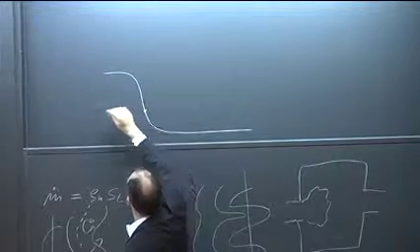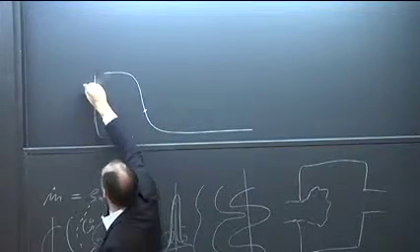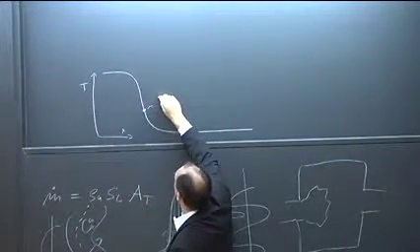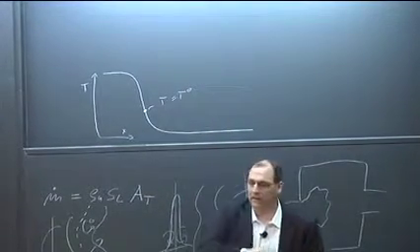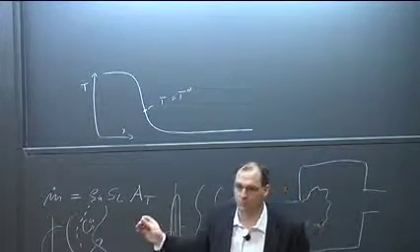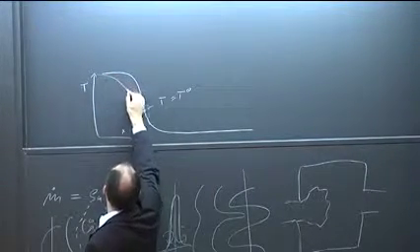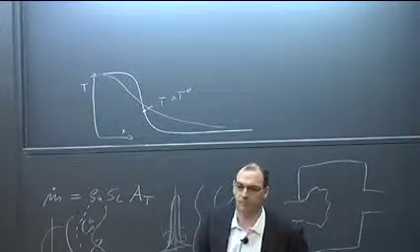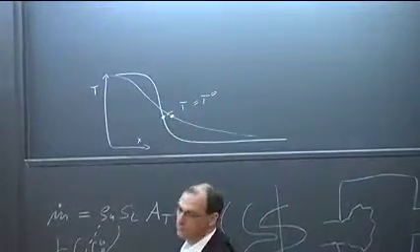This is the temperature, a function of space, so this is x and this is T. This is my t equal to t naught. And now let's say no chemistry, just diffusion. Then after a while, this will look like this. And that temperature isosurface moved from here to here.